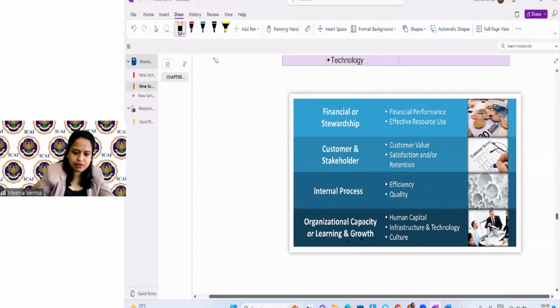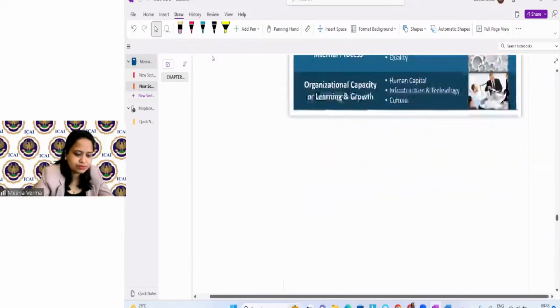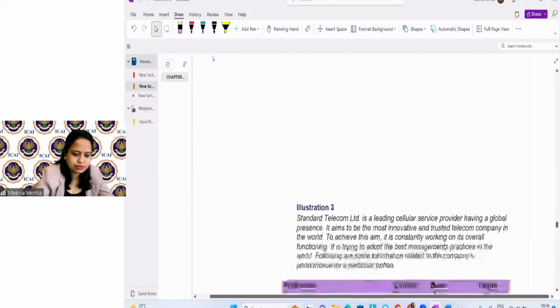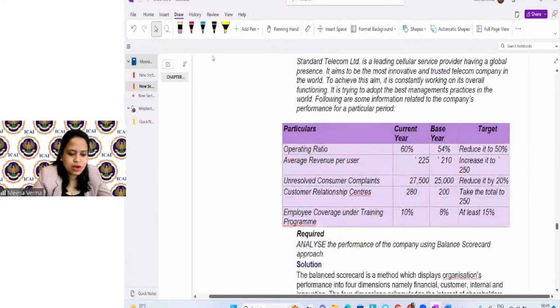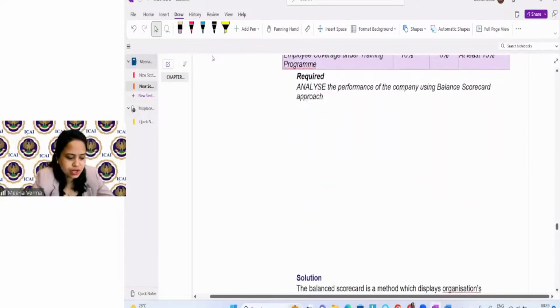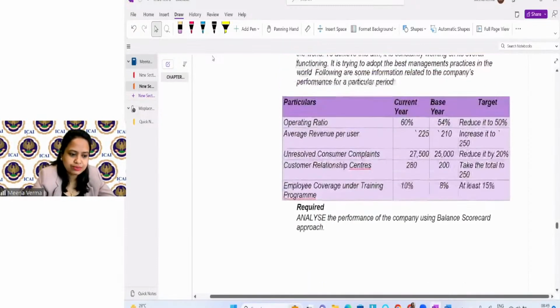So we have learned all these things here. Okay. Now, what do we have here? We have a question. Let's try to solve a question now on balanced scorecard.